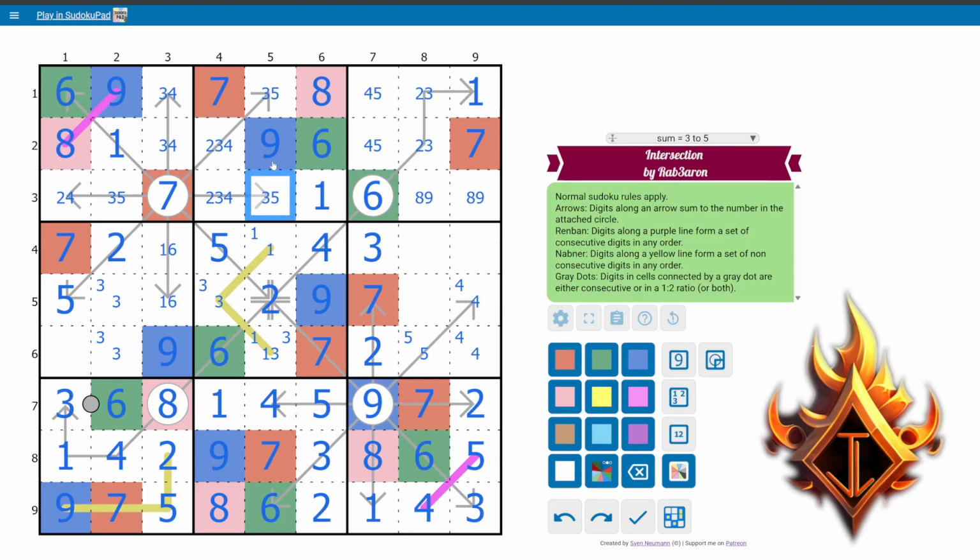We have a 3, 5 combo here, which is also looking there, but I don't know if that's fully marked. But this does become a 2, 4.